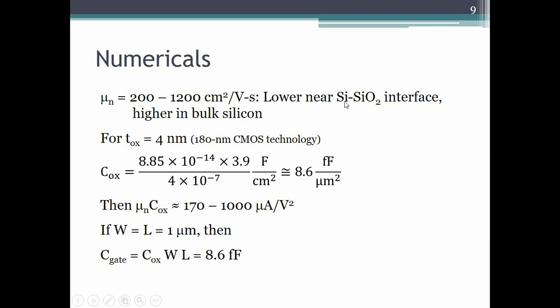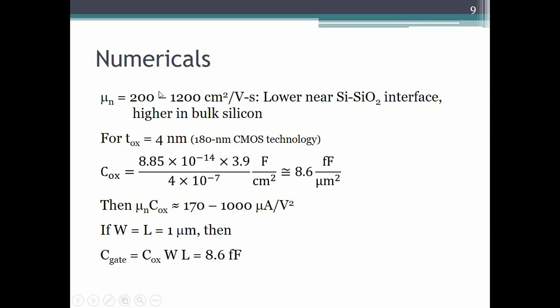Near the surface, the silicon dioxide interface, which is where current flows in a MOSFET, the mobility is much lower, because an interface creates a lot of impurities, and impurities mean there is much more scattering and collisions, and so the mobility becomes smaller.